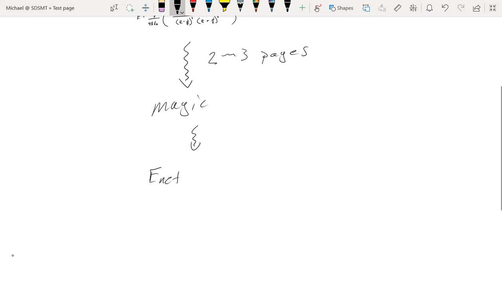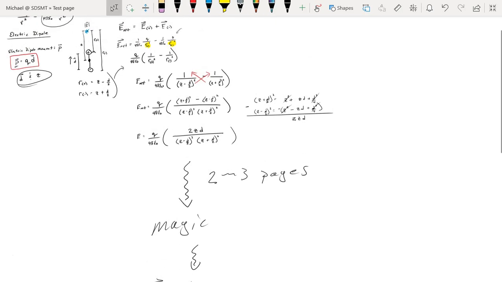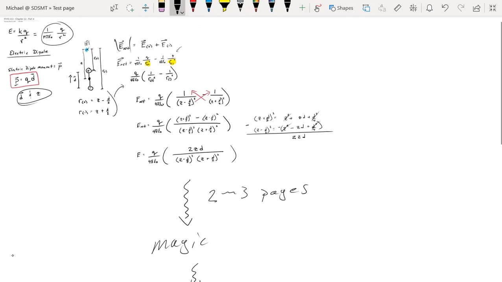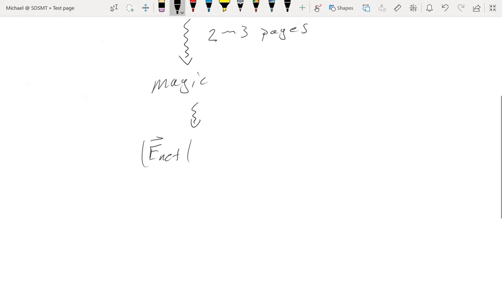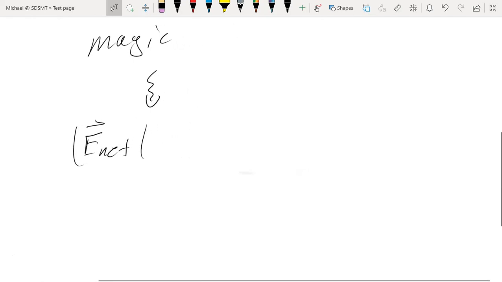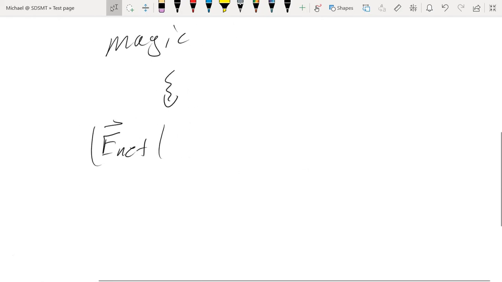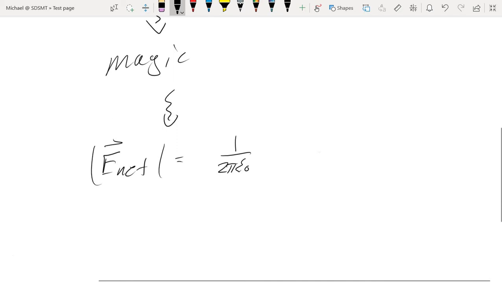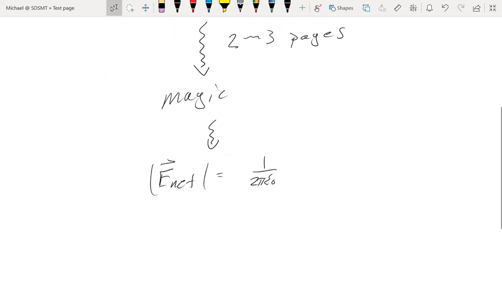which says that the magnitude of our net electric field, so this whole way down we're talking about the magnitudes of net. So what this is going to eventually boil down to is that the net field will be 1 over 2 pi epsilon naught. And you might say, well, what happened to the 4?